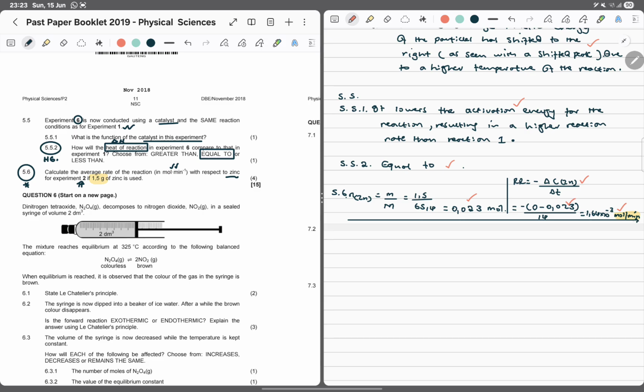Of course, you can consult the actual marking guidelines to find out exactly how this is to be marked for this question.